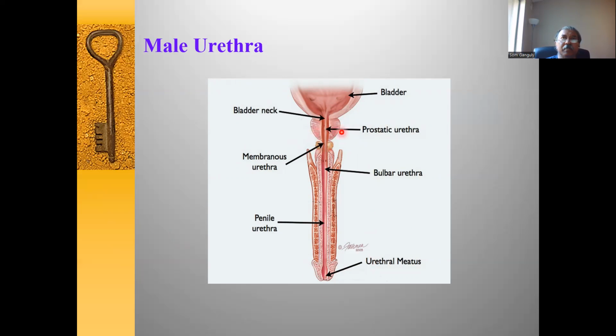There are some glands here, prostate glands and bulbourethral glands or seminal vesicle glands, which is right here. They all have a duct system, and they contribute to the semen.